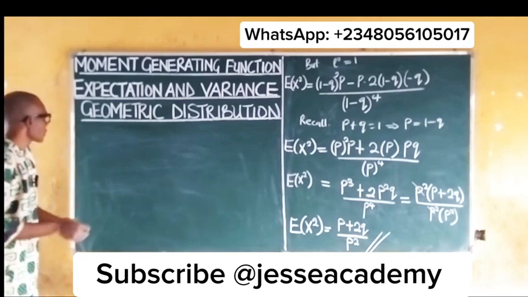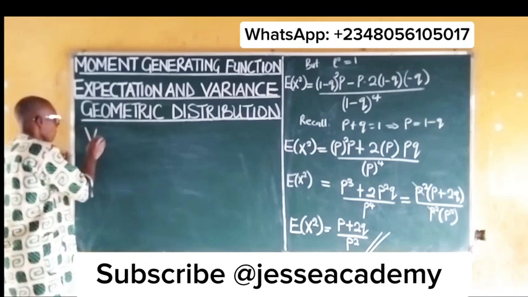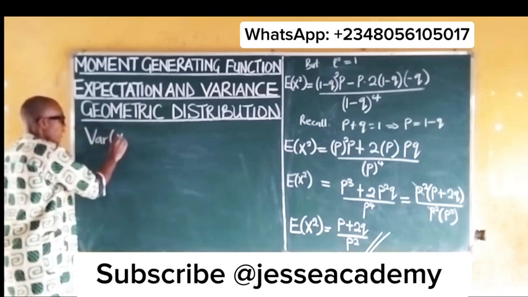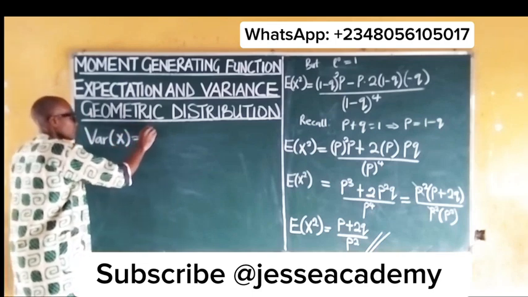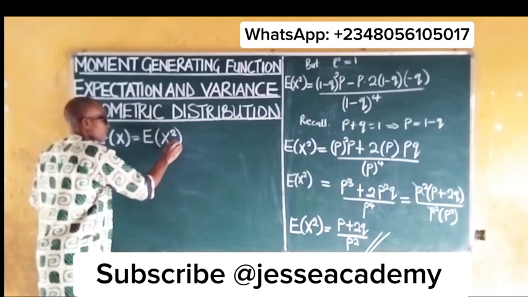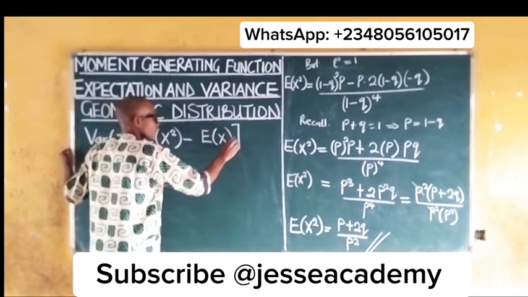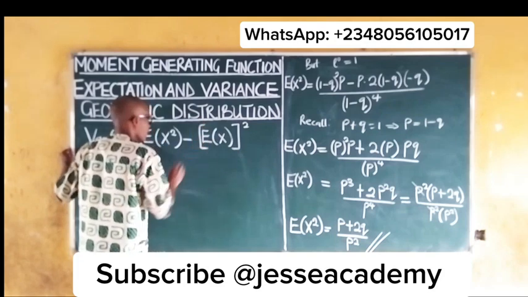Of course, we should recall that our variance of x is equal to the expected value of x squared minus the expected value of x all squared.